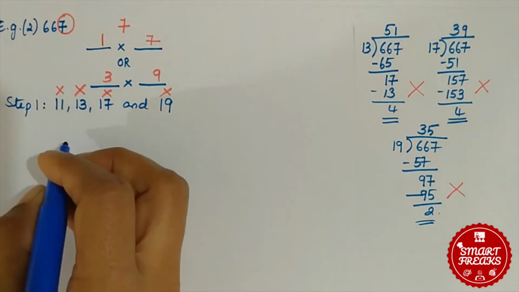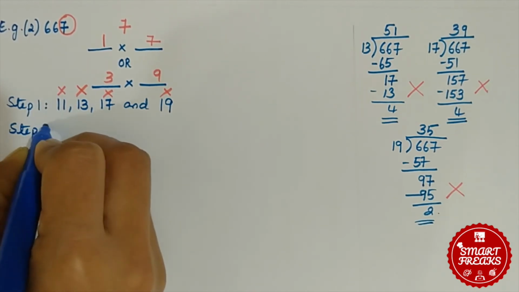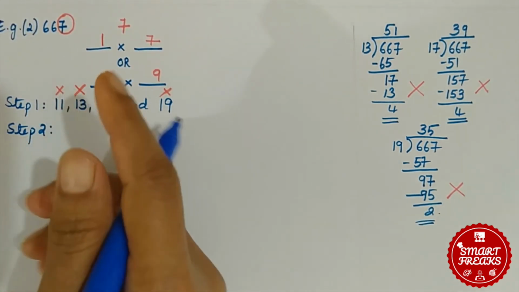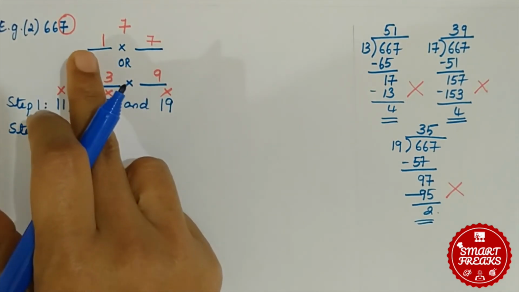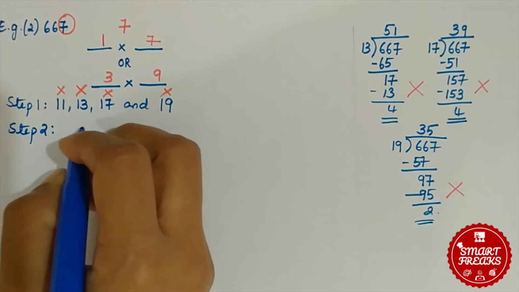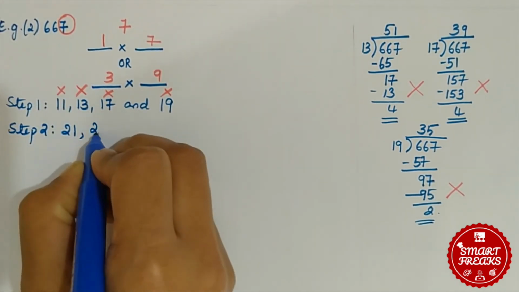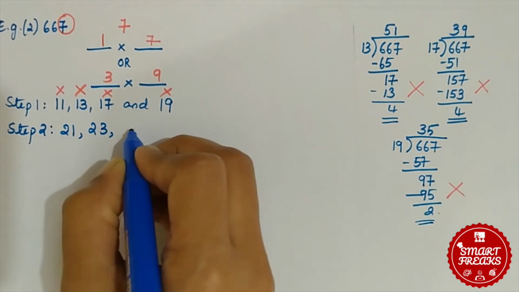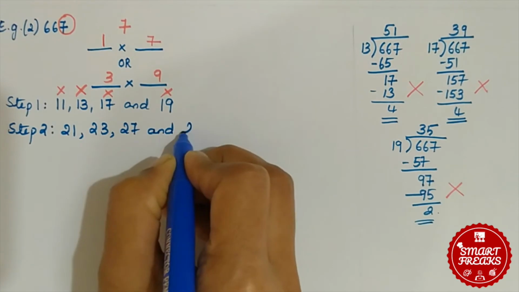Now we will go to step 2. Put the next natural number in the tens place. So that is put 2 in the tens place. So we get 21, 23, 27 and 29.